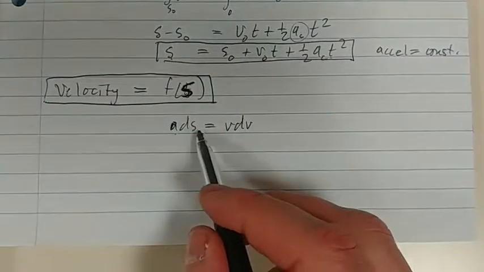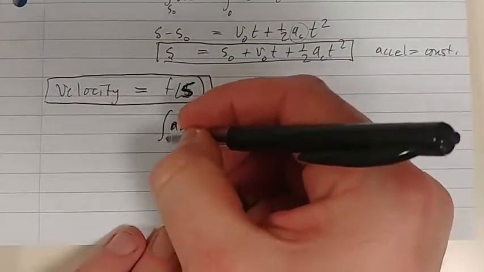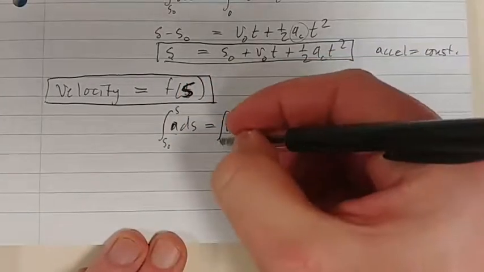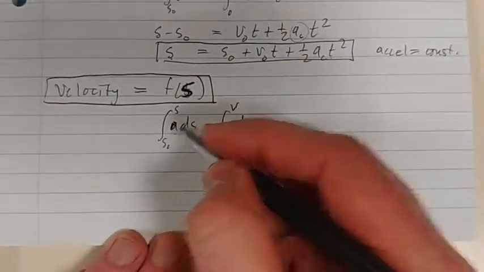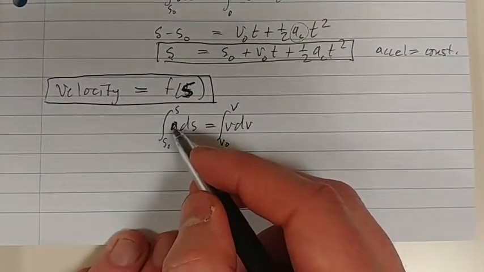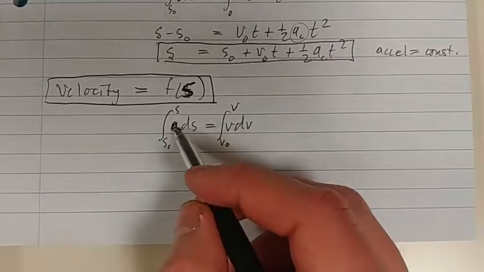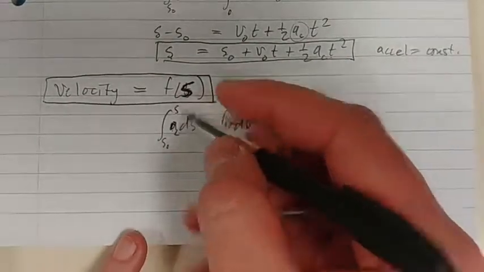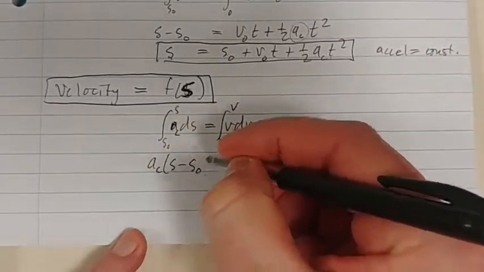Our acceleration is constant, and then we simply integrate this, between s0 and s, and between v0 and v. If we remember, a is a constant. It's like 10 or 13 or 1,362,341.2. That becomes a times (s minus s0).